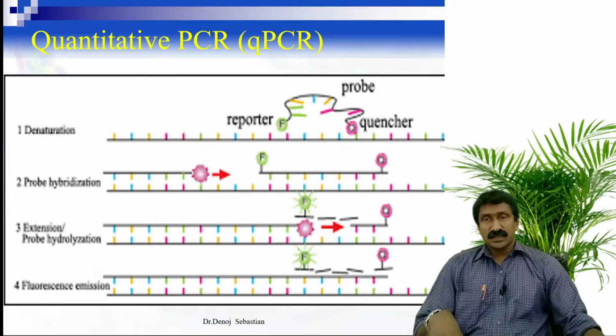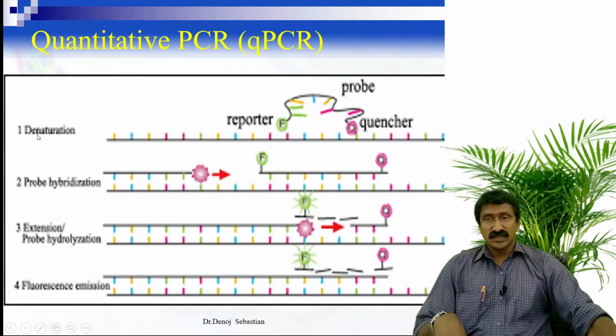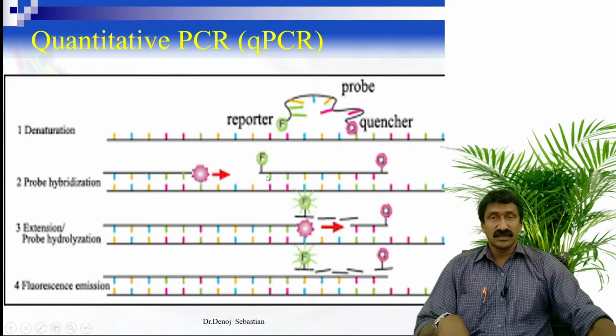So this is an illustration of qPCR, in which we have the template DNA, which will be bound with a fluorescent probe with a reporter and a quencher. And this is the polymerase. During the amplification, the polymerase will move through and remove the reporter and quencher; it will be cleaved.